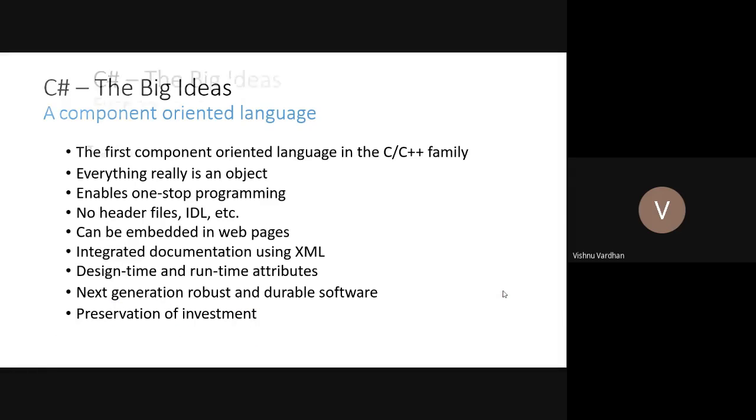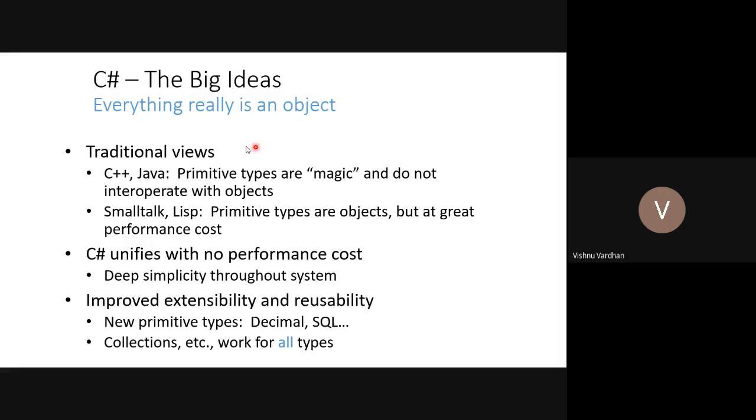Okay, then everything really is an object in C sharp. So the traditional views of the different languages we can see. In C++ and Java, primitive types are actually magical types and do not interoperate with objects. Actually, there are two kinds of data types we can have at any time.